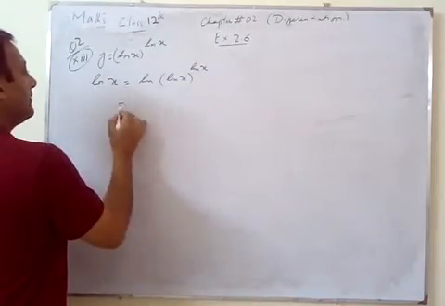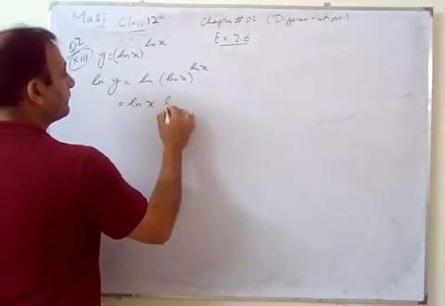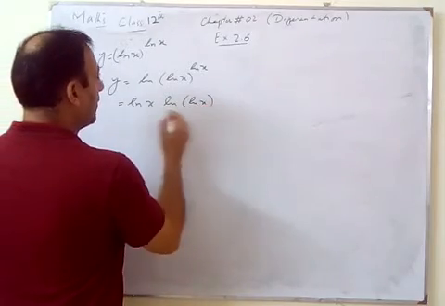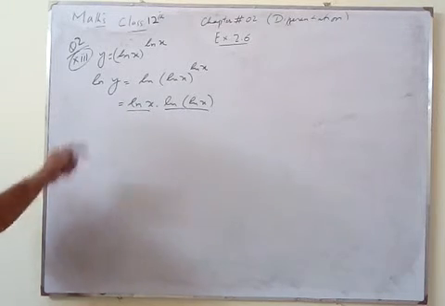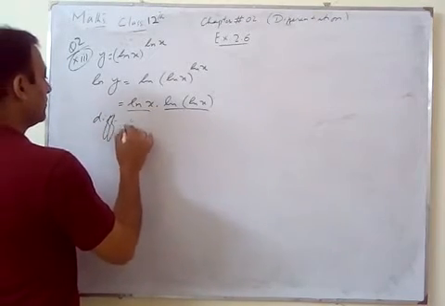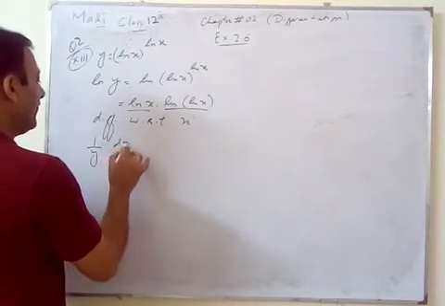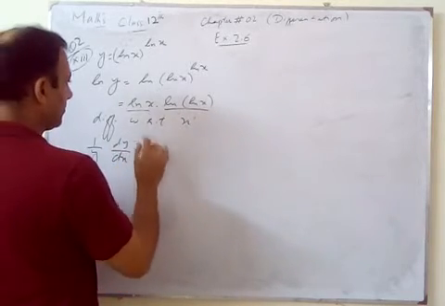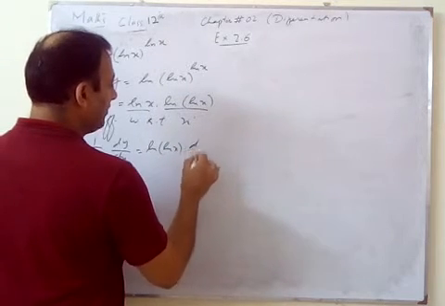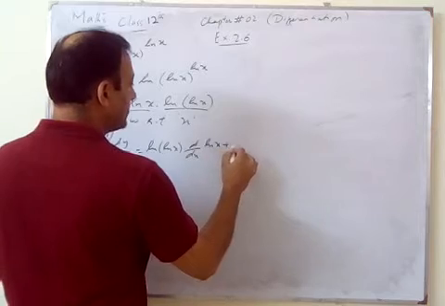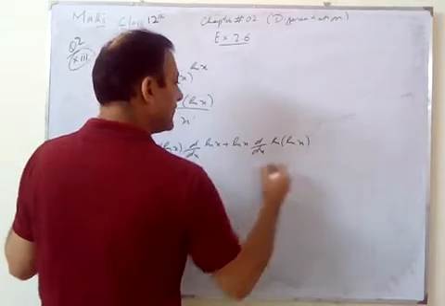So this becomes the product. Now we have two functions here. Differentiate with respect to x: 1 over y into dy by dx is equal to second into derivative of first plus first into derivative of second.